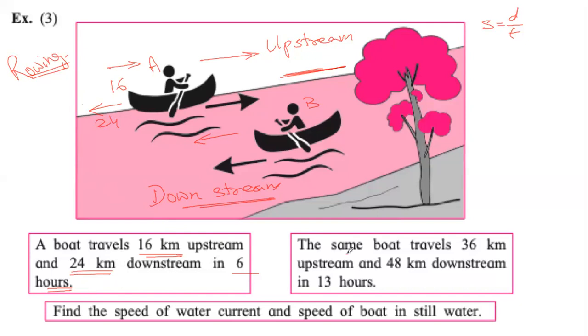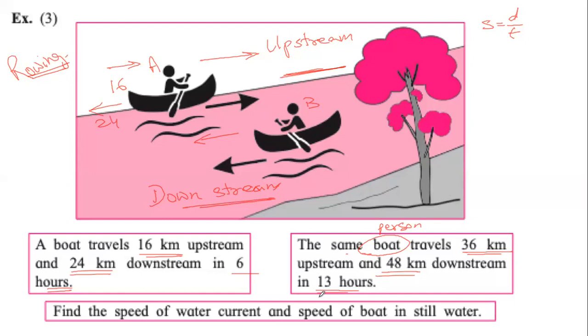And here the question will be correct when we say when the same person in the same boat travels 36 kilometers upstream and 48 kilometers downstream, that person takes 13 hours.